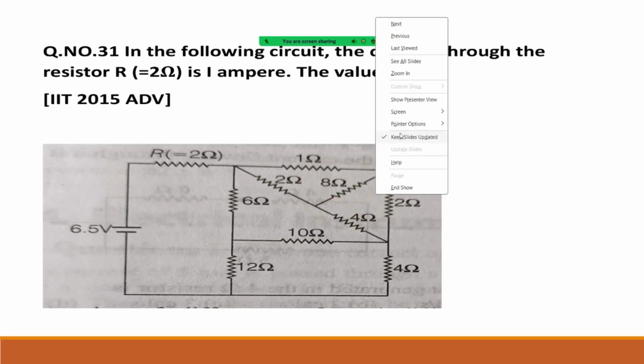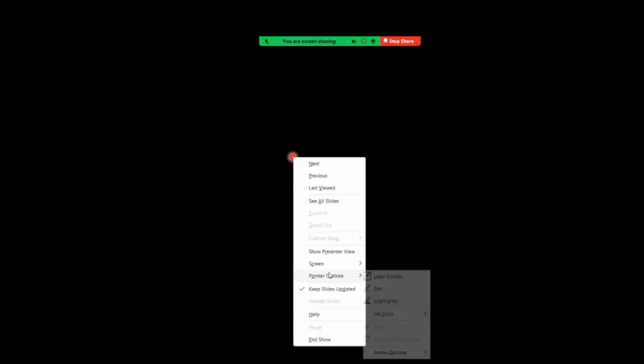Okay. I will draw the circuit diagram here to get more clarity. So first circuit given here. This is given R equal to 2 ohm through which we have to find the current.